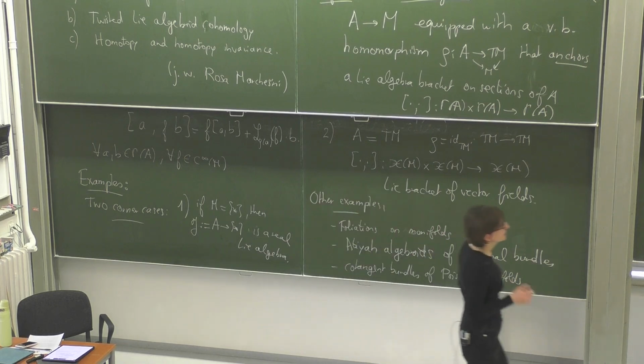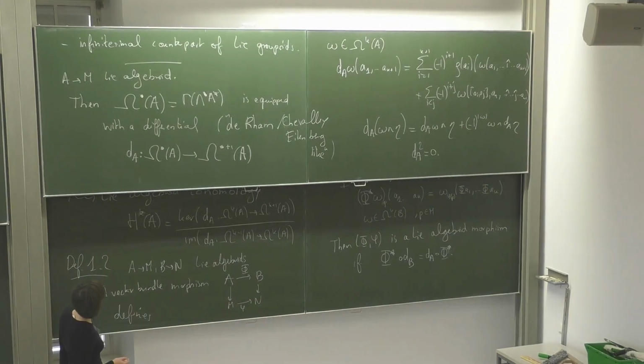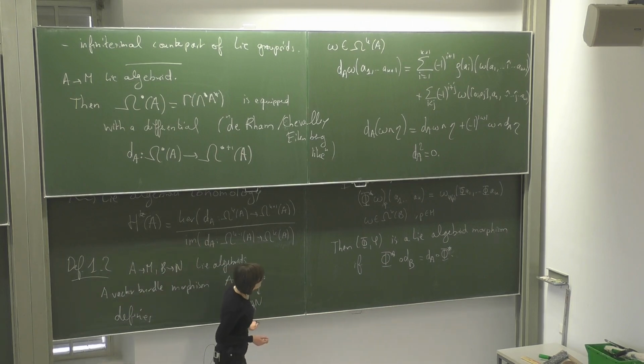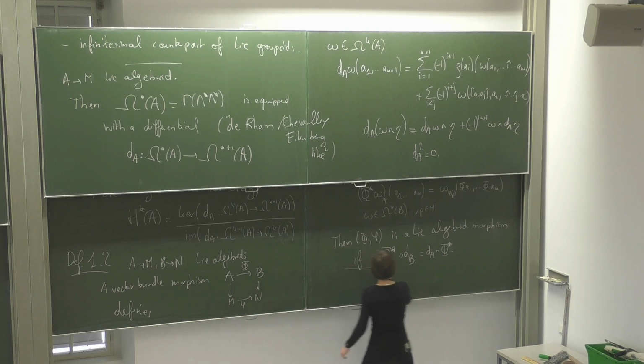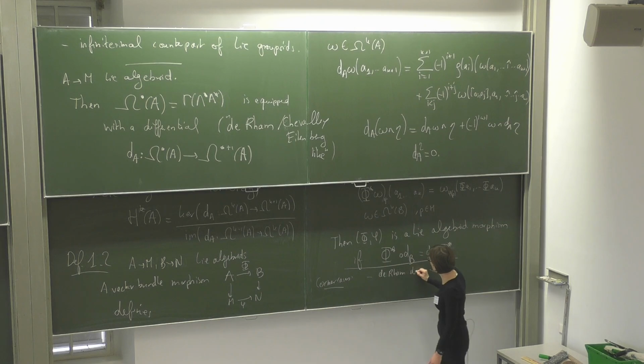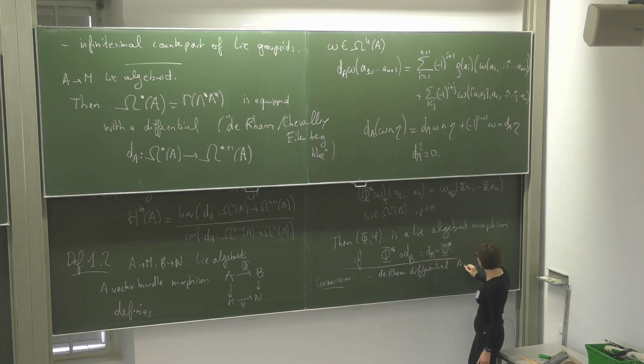Again, it makes sense for our corner cases. And what I want to say again about the corner cases, I forgot to write it before. Right, so we have once the de Rham differential, if A is TM.